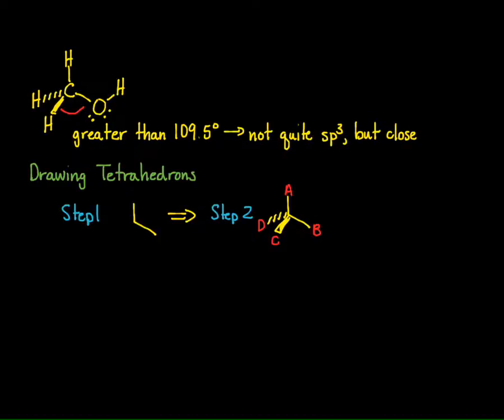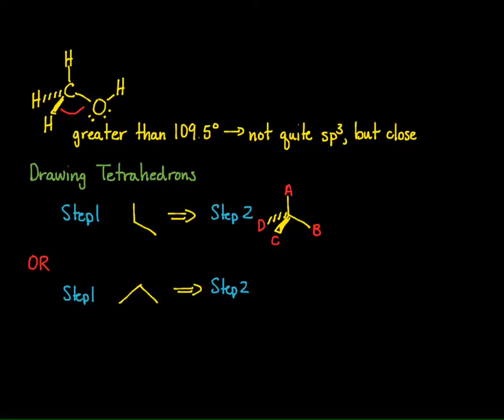Now, another way that I can think about drawing a tetrahedron is simply changing the angle of the two lines. So let's say I had an angle that looks like this. Well, in my second step, where's the dash and where's the wedge going to go?